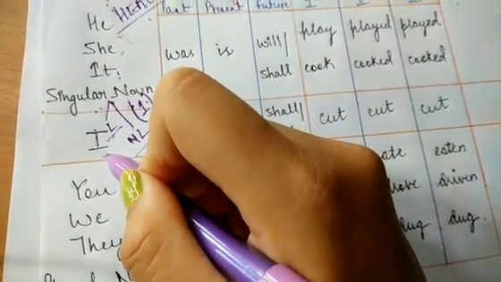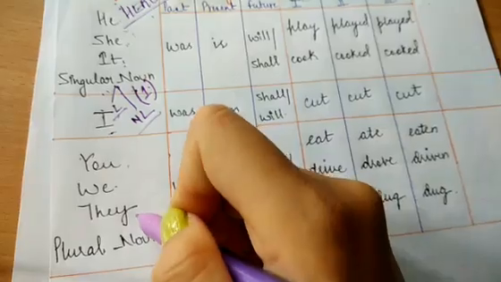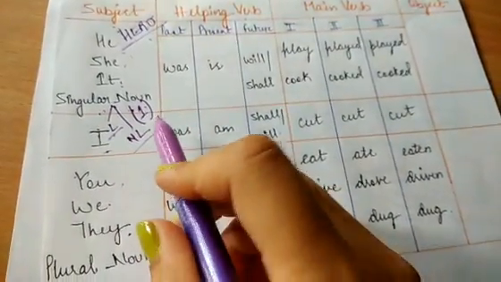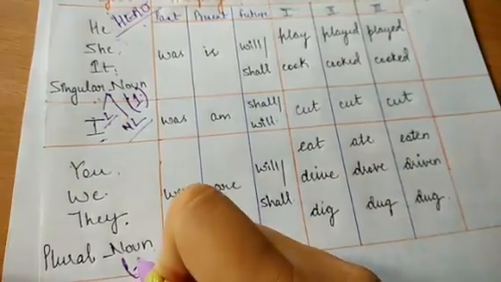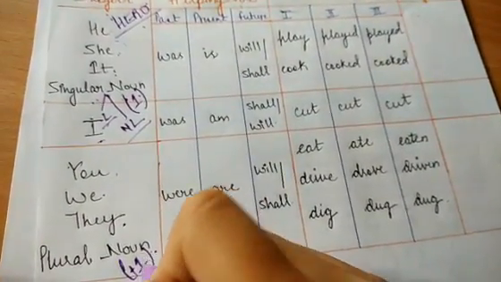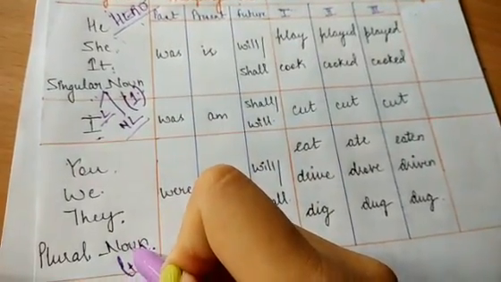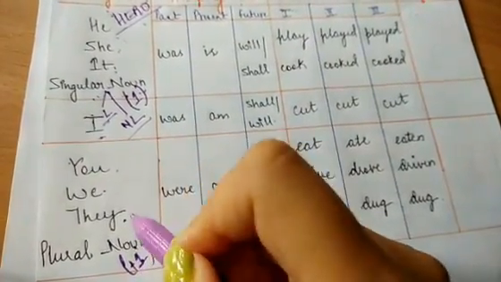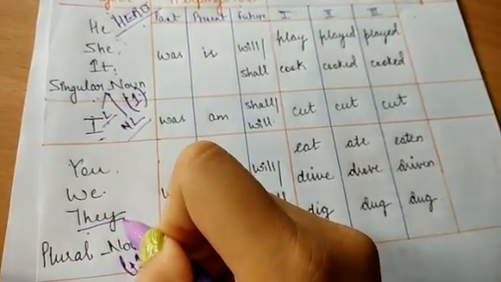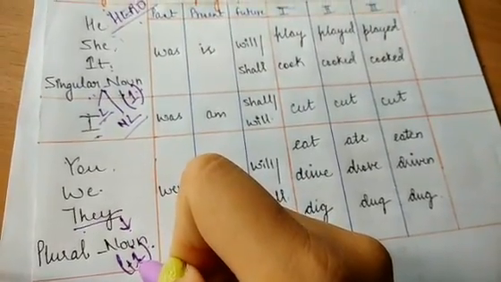Then I is used for self. Then you, we and they are used for plural nouns. As a singular noun is used for one, a plural noun is used for more than one. As it was one flower, it can be a bouquet of flowers. This they is used as a pronoun for plural nouns.